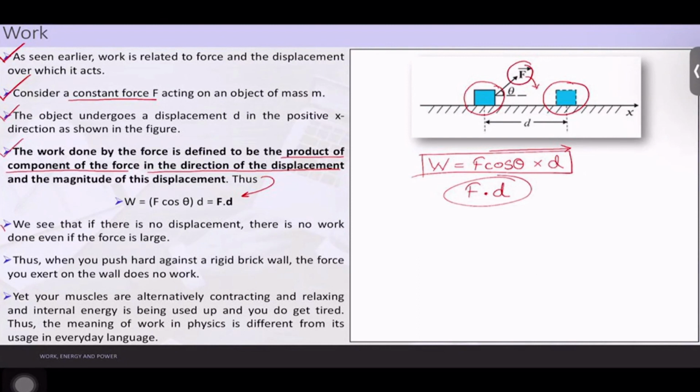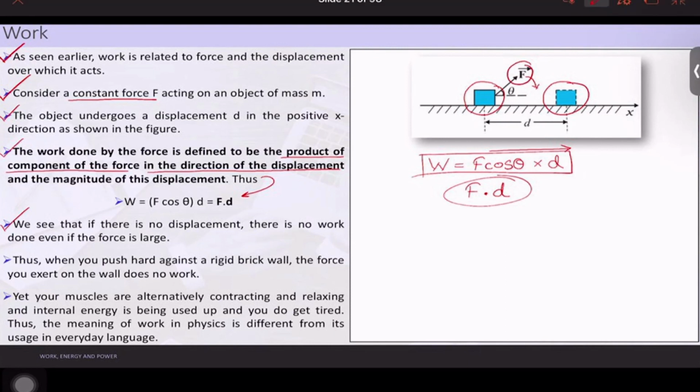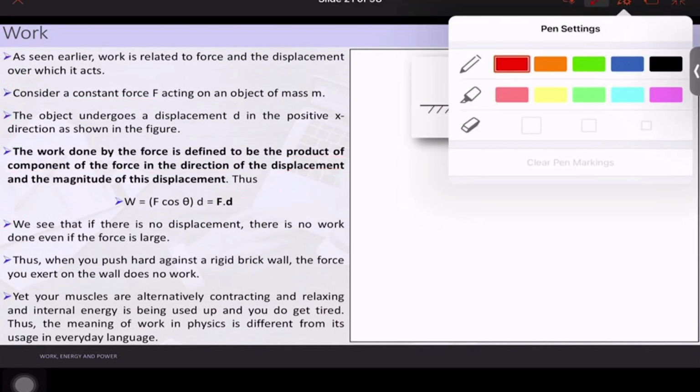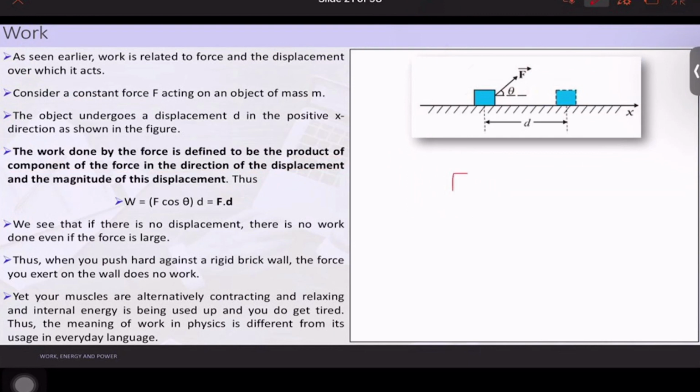Right. Moving on. So we see that if there is no displacement, there is no work done even if the force is large. Okay, so this basically means, let us take an example. Let us take this as an object A. It has a mass M and let us suppose we are applying some force, let's say 100 or 1000 kilonewtons.